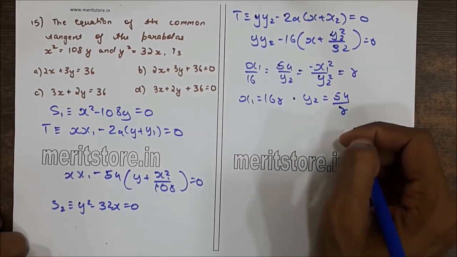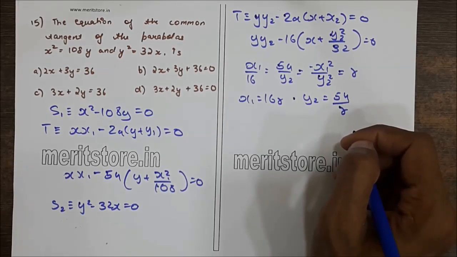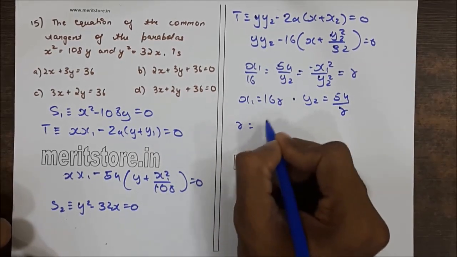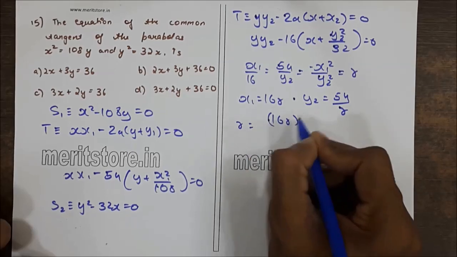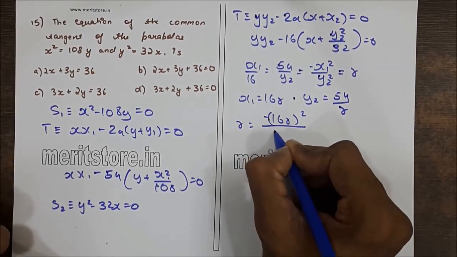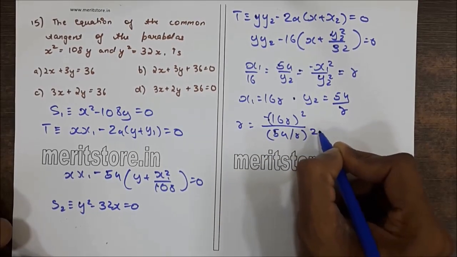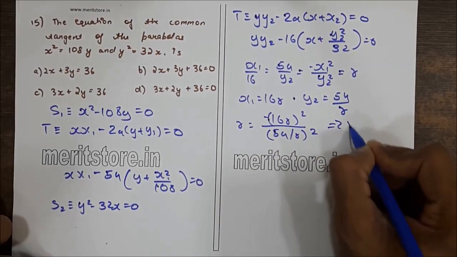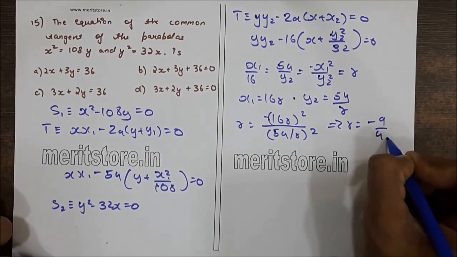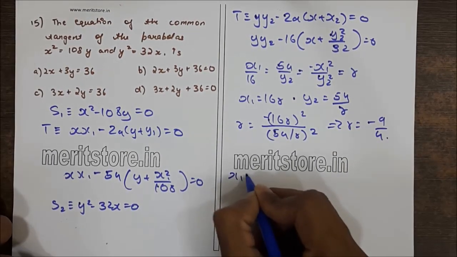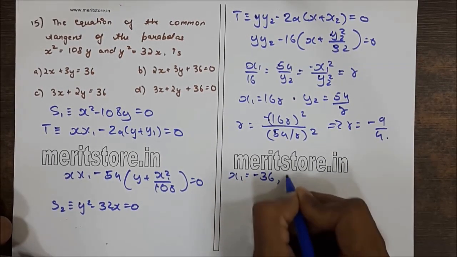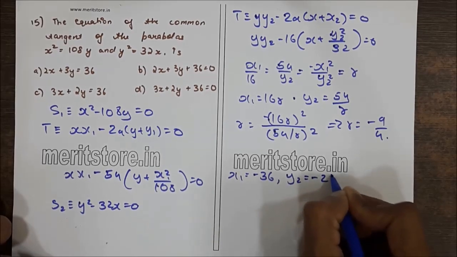For solving this, we take r is equal to 16r the whole square upon 54 of r the whole square. Solving this, we get r is equal to minus 9 by 4. We get x1 is equal to minus 36 and y2 is equal to minus 24.